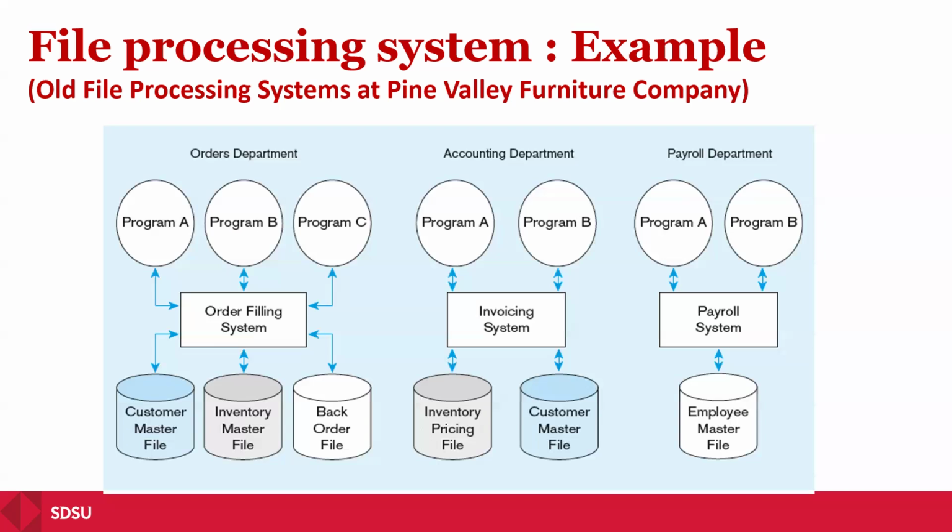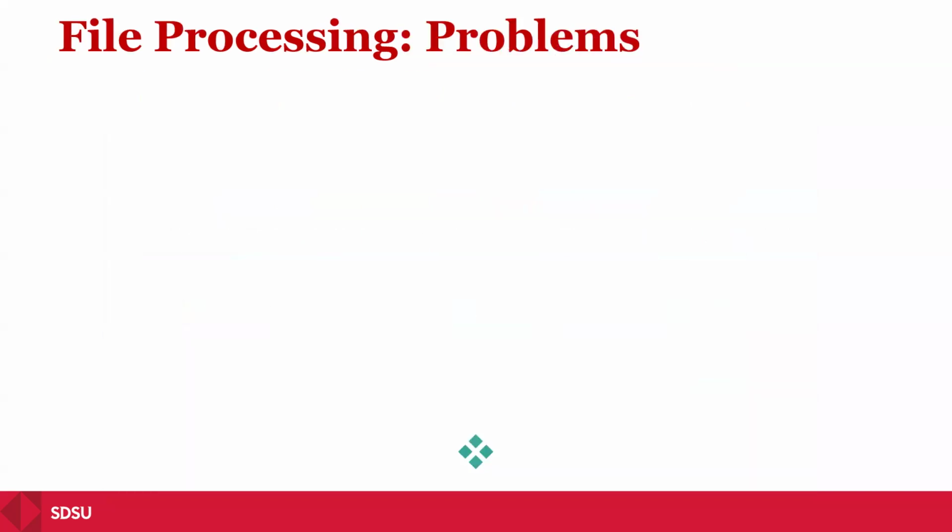As you can see here, so both departments have their own customer master file. And payroll department has an employee master file. So again, like three different departments with different programs, with different systems that has different or sometimes same named files that are used by those systems for each department. Okay, so this is an example of file processing system.